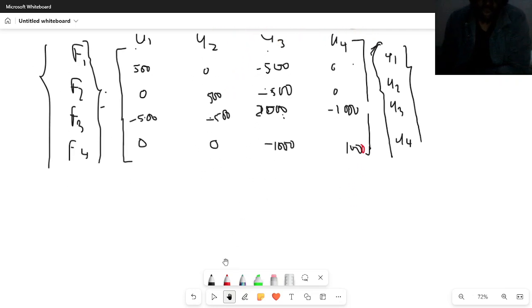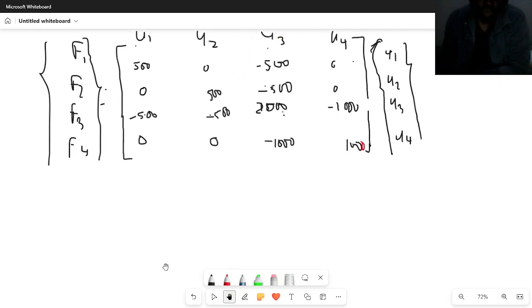Now we do F1. This is how we do it. Remember what's gonna happen. You're gonna be having u1 multiplied by this, u2 multiplied by this, u3 multiplied by this, u4 multiplied by this. That's what you get for F1, the reaction force there.